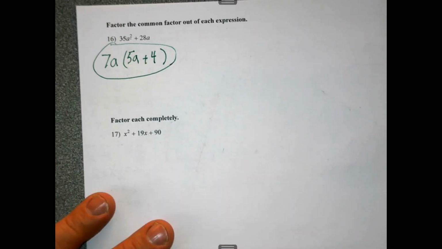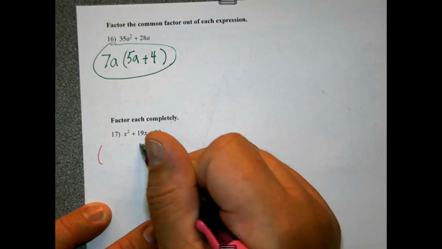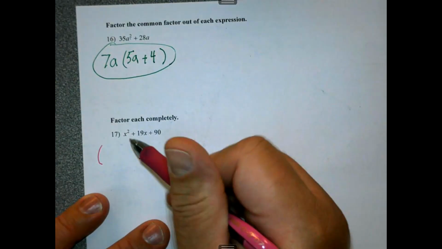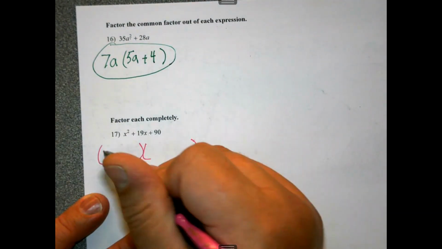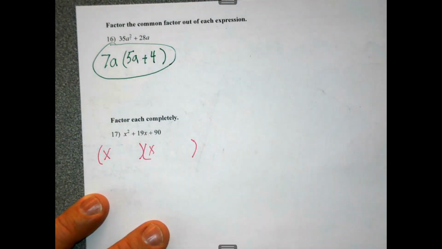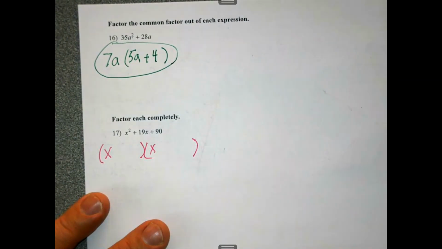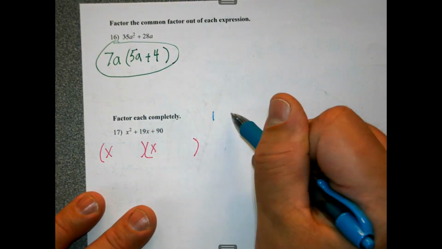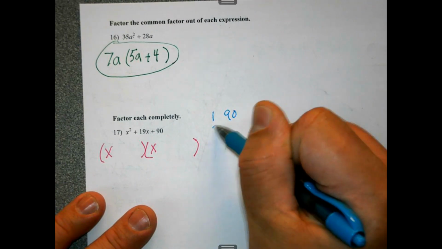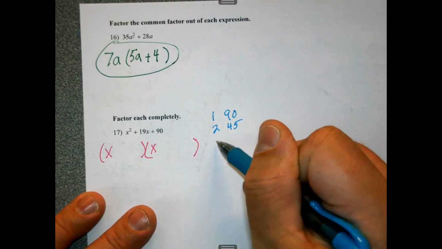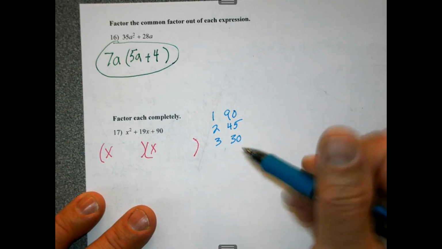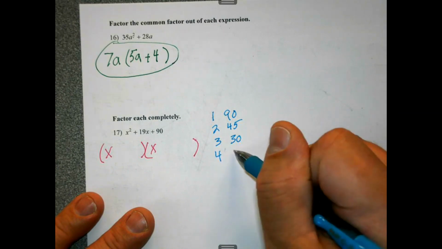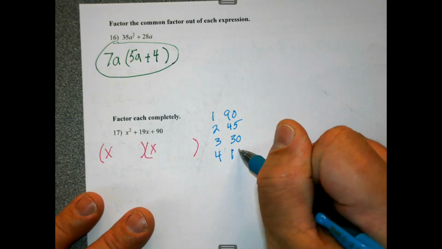And the last one, 17. I have no coefficient for x squared, so the only way I can get x squared is x times x. Then I look at the factors of 90. So I have 1 times 90, 2 times 45, 3 times 30. Let's see, 4 times 15. Does that work?